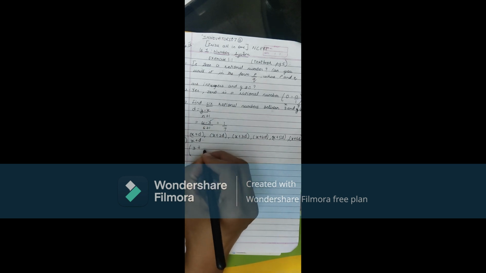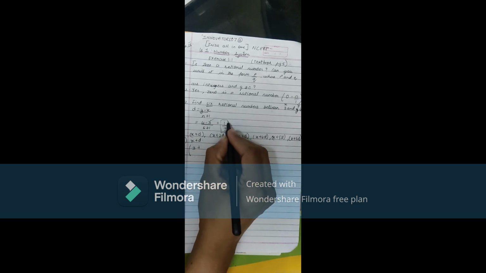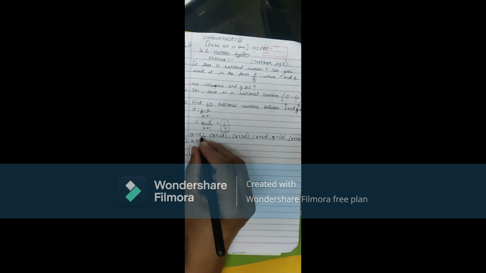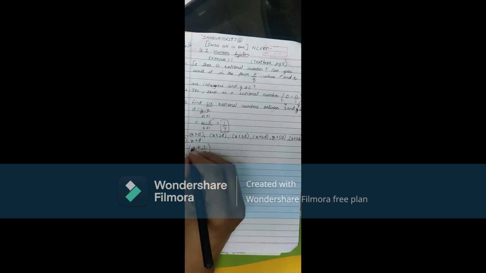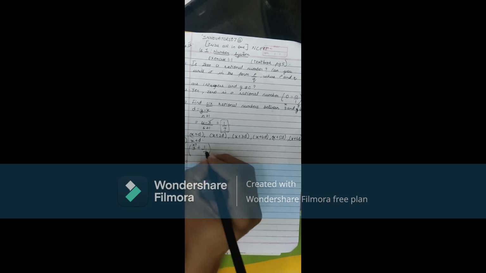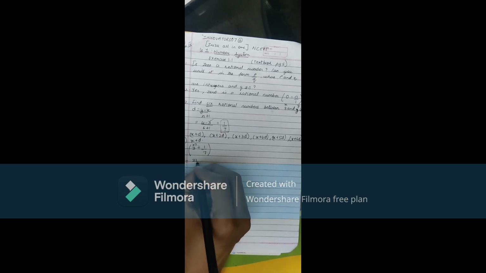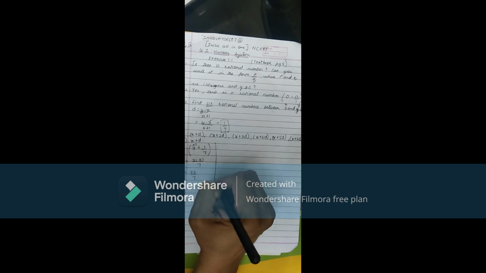So 3 plus the ratio we have got as 1 upon 7. So instead of d we are going to write 1 upon 7. So here we will take the LCM. So we are going to multiply by 7. 7 3s are 21 plus 1 upon 7. So the first number is 22 upon 7.